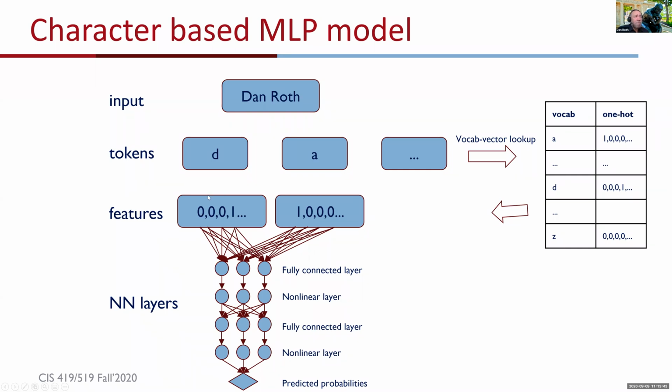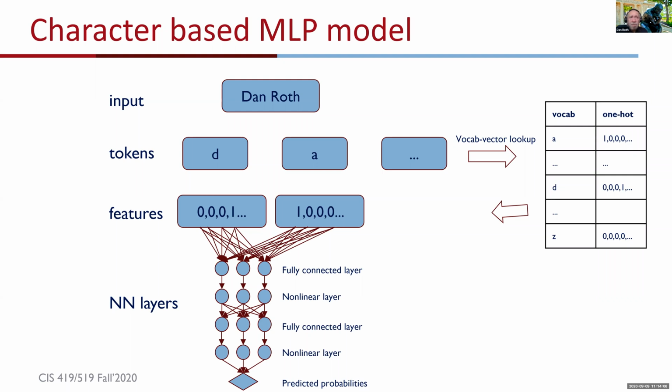So the left here represents the first name, the right represents the second, and so on. And I'm going to represent all the characters of the first and the second and the last name. And I'm going to feed this to my neural network.